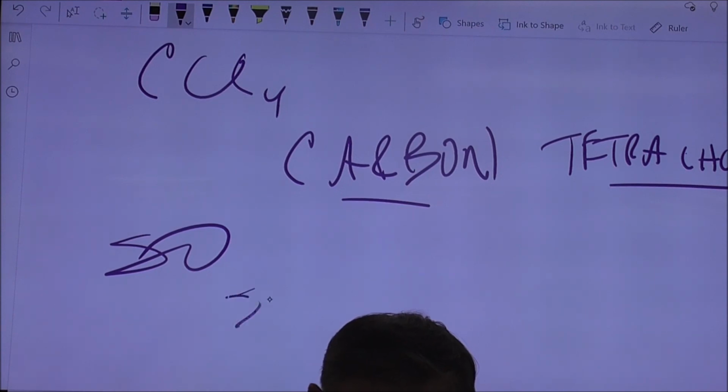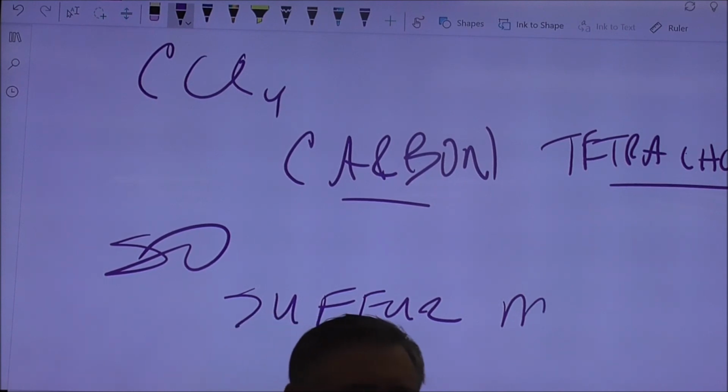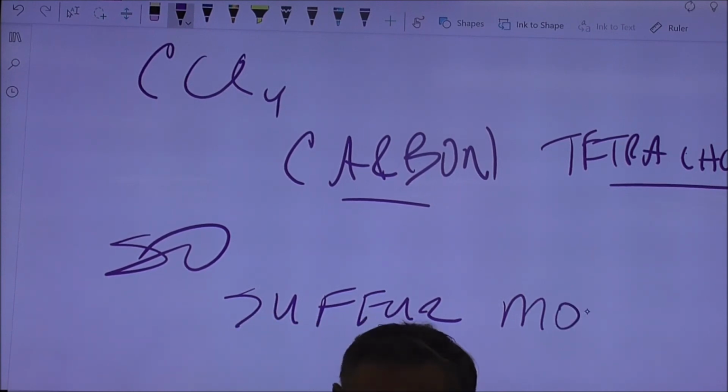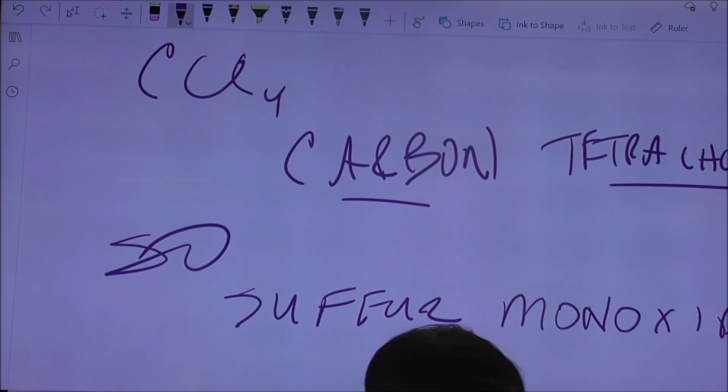Would it use monooxide? Yeah, it's just monoxide. Okay? I don't put that second O in there because that just kind of sounds redundant. So it's just sulfur monoxide. Just like CO is carbon monoxide, this would be sulfur monoxide. Okay, that's the only difference between the two of them.